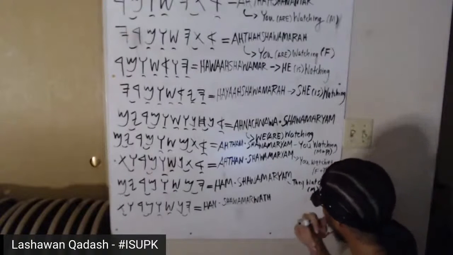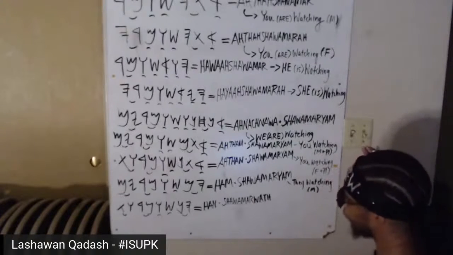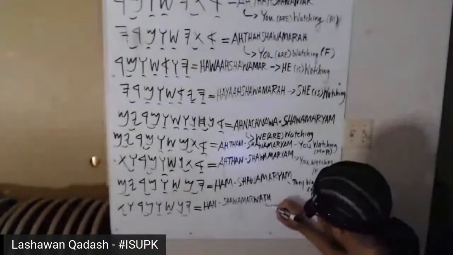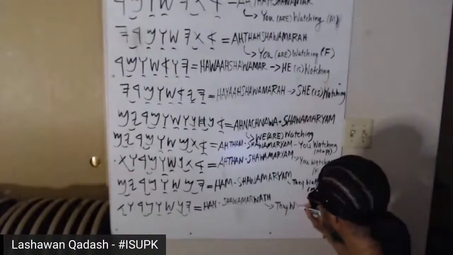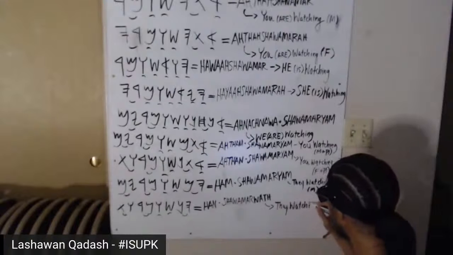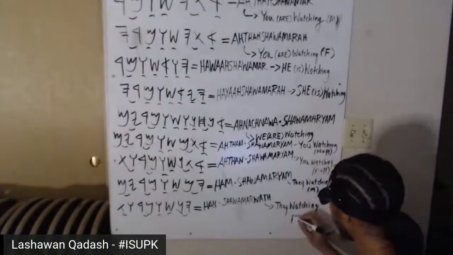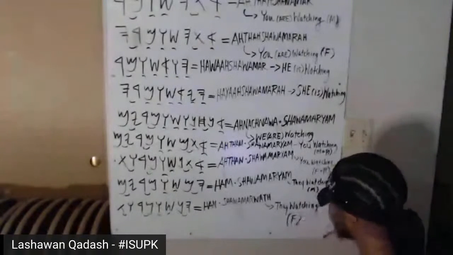So if you know, of course what it means is they are watching, and this is going to be feminine. The reason why it says wa is because that's feminine.